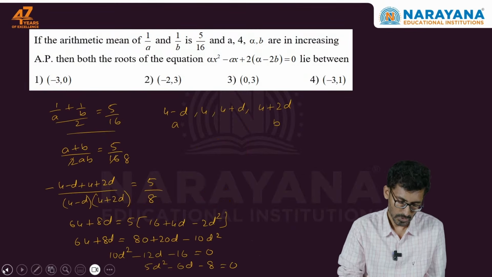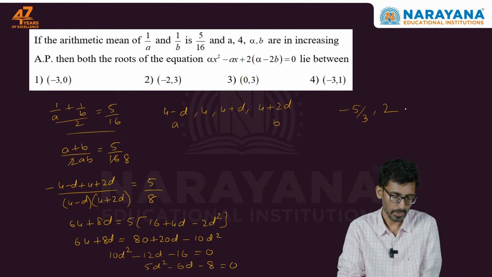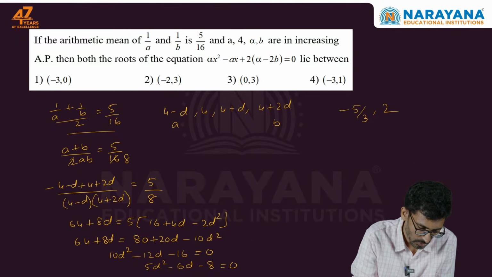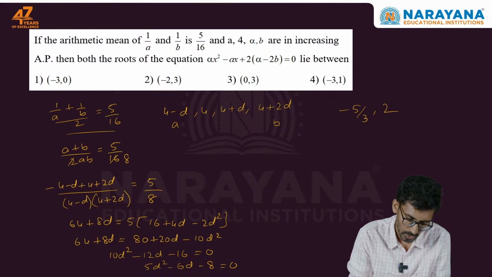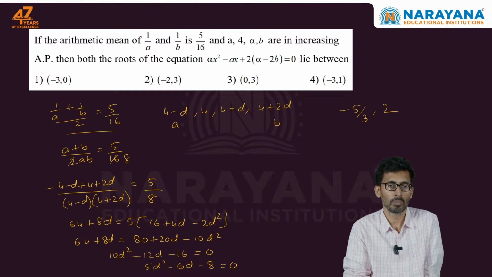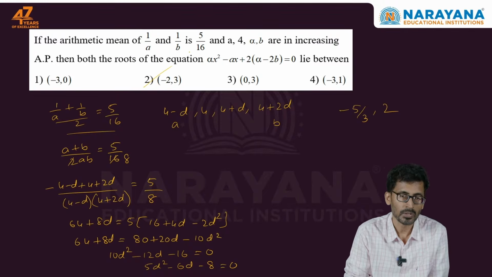Both the roots lie between, they gave the intervals. So first option not correct, second option is correct, because both minus 5 by 3 and 2 lie in the interval minus 2 to 3. So answer is 2.